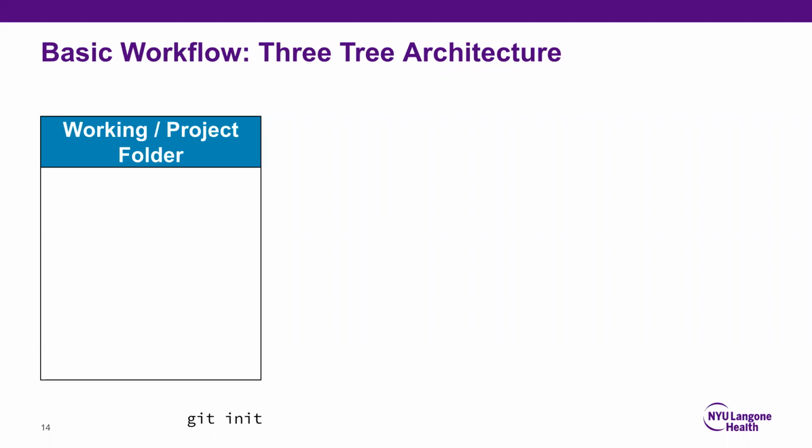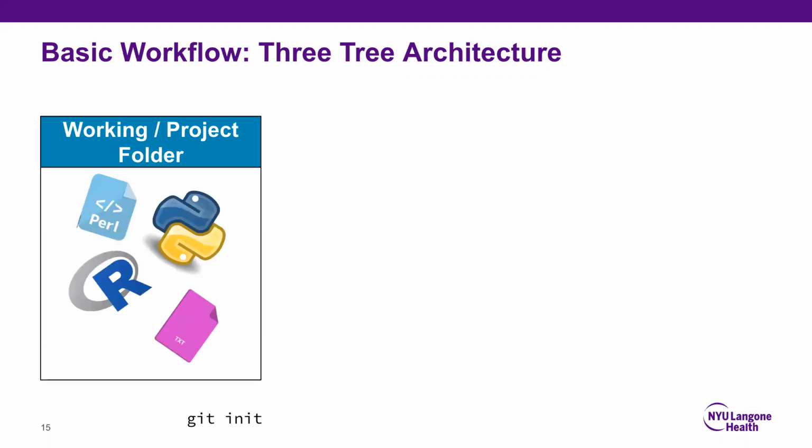A lot of times we're going to have a folder, which could be on our desktop or really wherever we keep our code. This is going to be our working directory or project folder. Then we're going to initialize Git inside of it so it can start tracking changes. Then we do some development, whether you're working in Python, R, Perl, text files, what have you, and Git will start tracking these files.